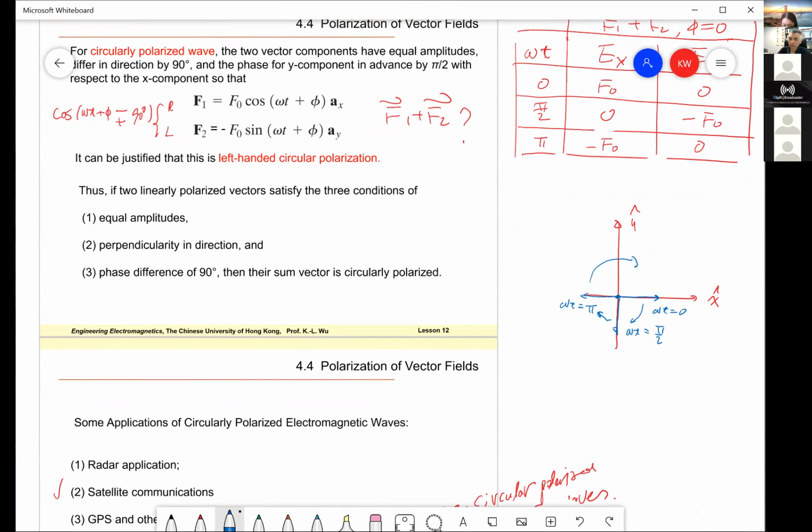If this condition is not met, then you generate an elliptically polarized wave, if the magnitudes are not the same.